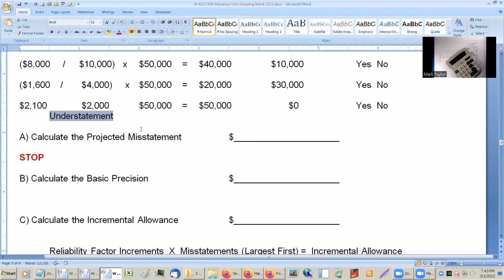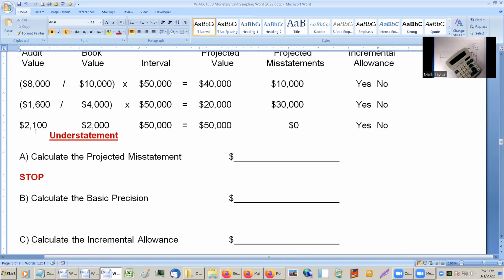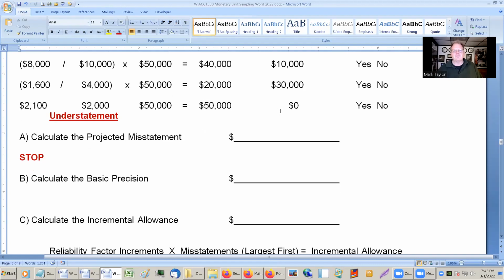And again, this kind of goes against our grain as auditors. You know, you find this error and you go, well, you've got to do something with that, right? No, you don't. Not with this method. If it's an understatement, you ignore it. So there actually is no error there.